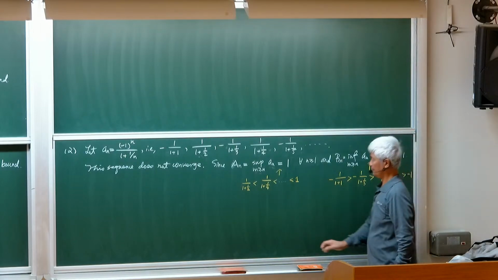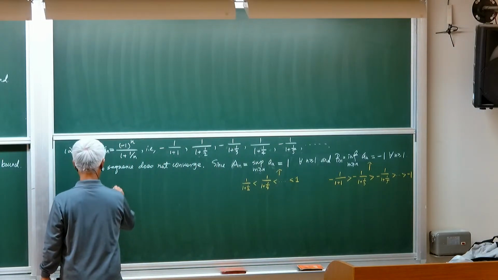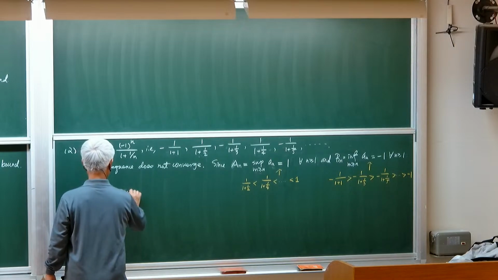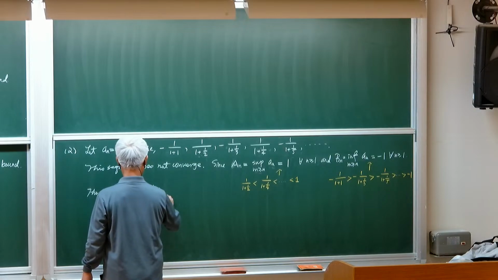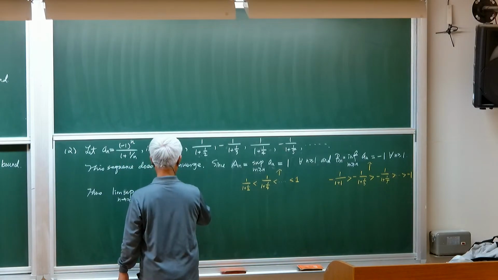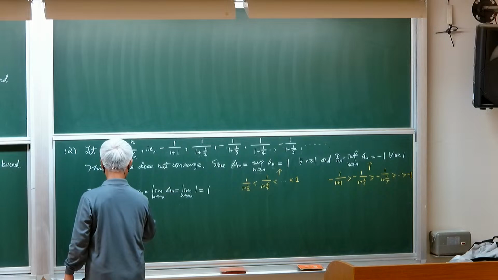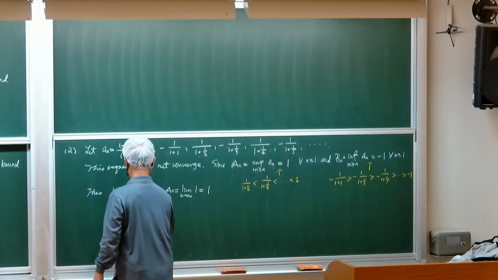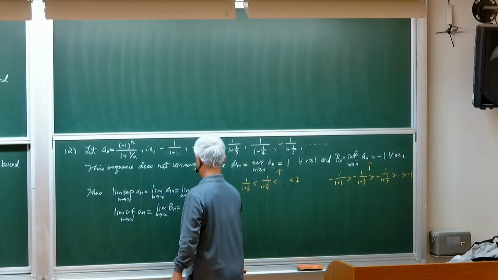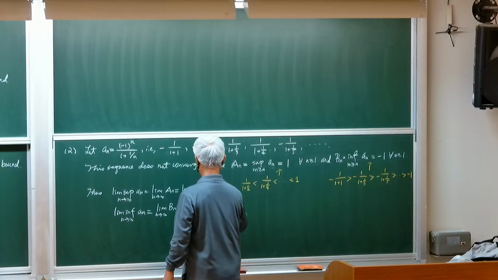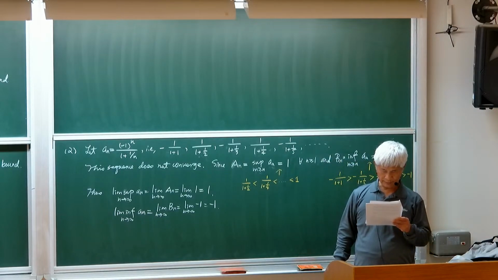So the upper limit is equal to 1, and the lower limit is -1. So we have these two simple examples.